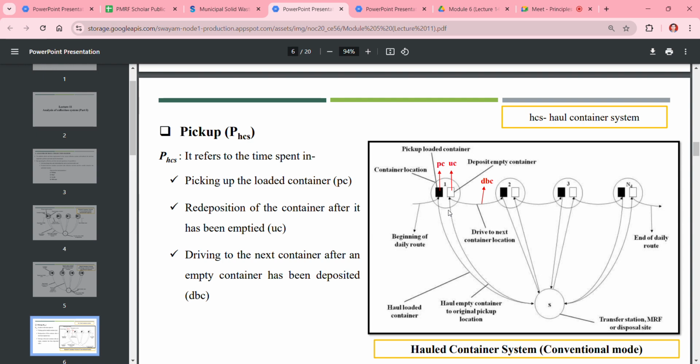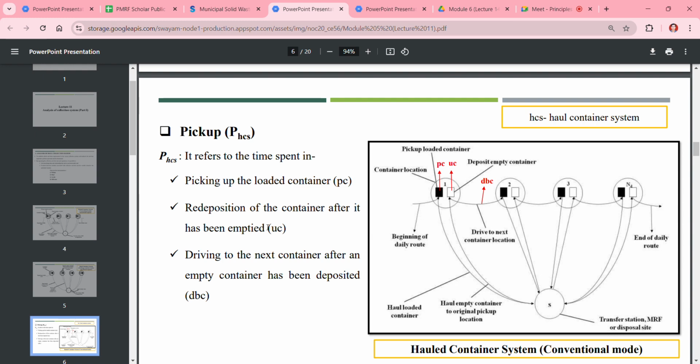You have to calculate the entire duration of that haul container system to provide the minimum number of pickups for a single truck. You have to provide 4 pickups for a truck, or 5 or 6 pickups for a truck. After you get the economy of that whole process, only then will you be able to provide the minimum number of pickups for a single truck.